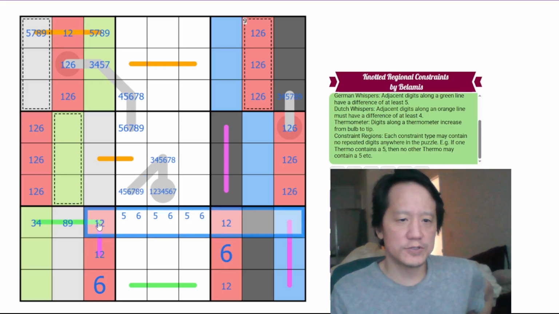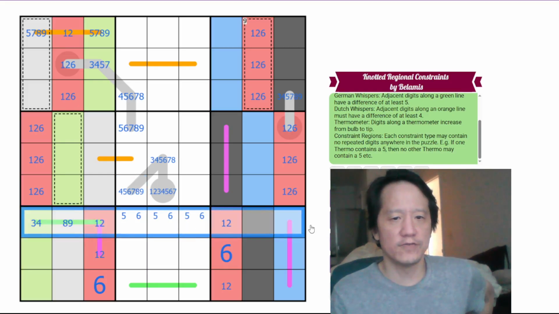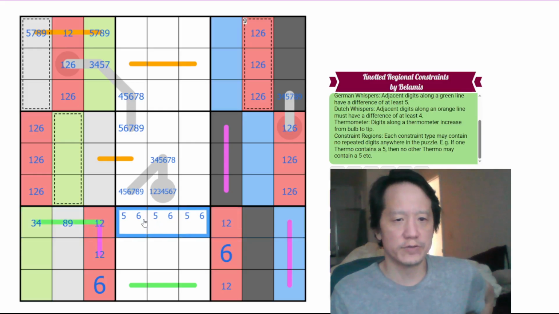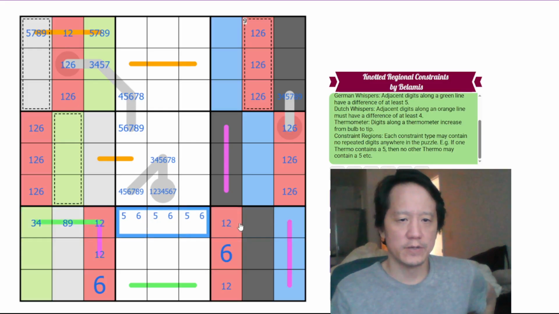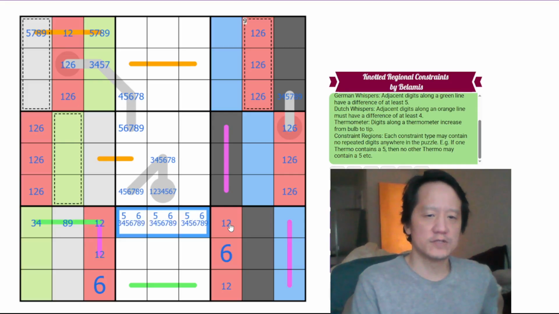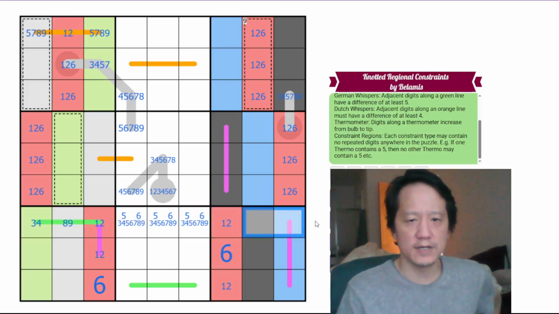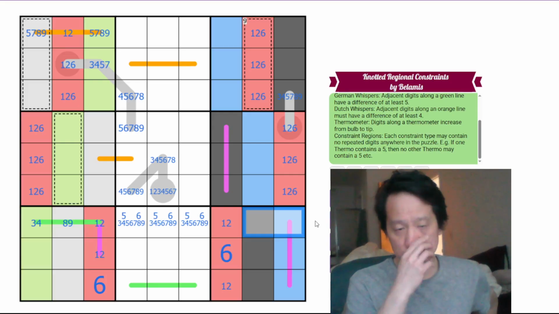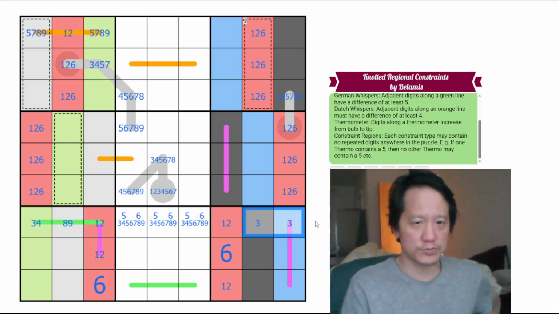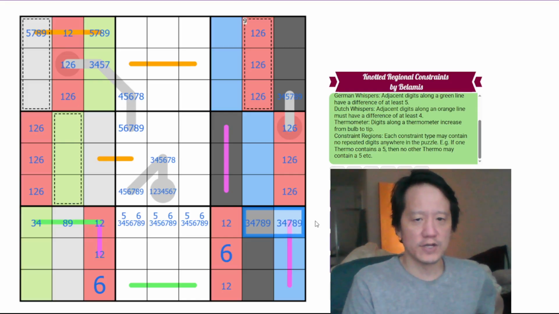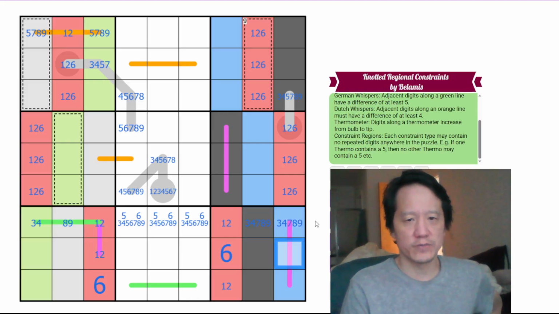In row 7, we cannot have a 1 or 2 because of the 1, 2 pair there. So this has to be 3, 4, 5, 6, 7, 8, 9. These cannot be 5 or 6 or 1, 2. So it's 3, 4, 7, 8, 9 as possibilities there.